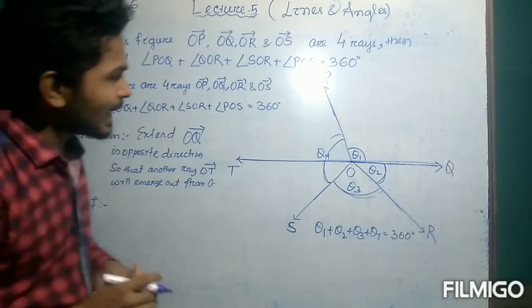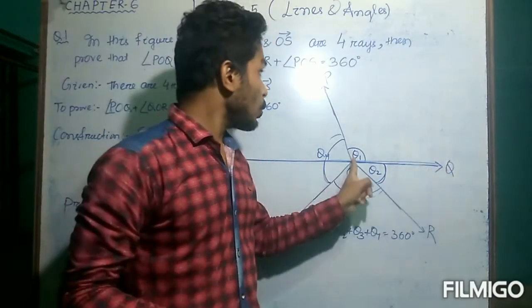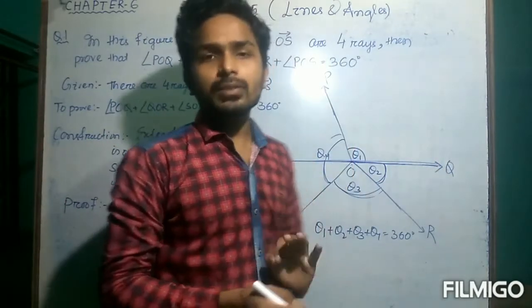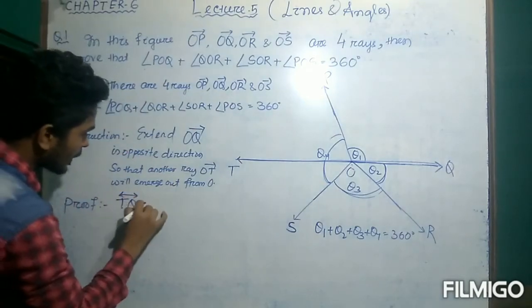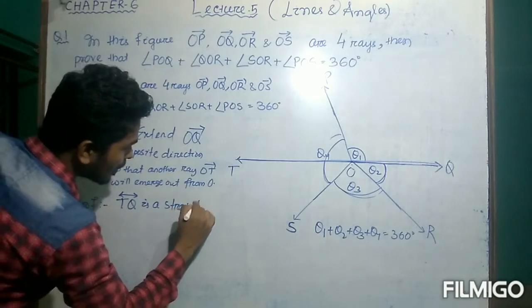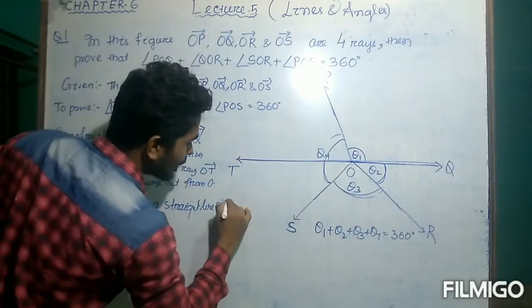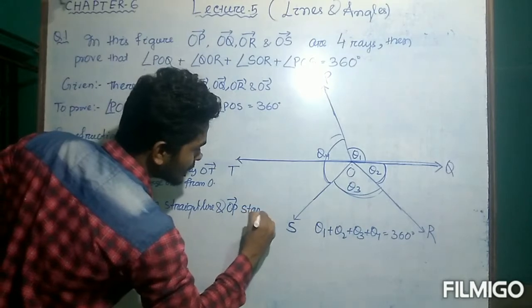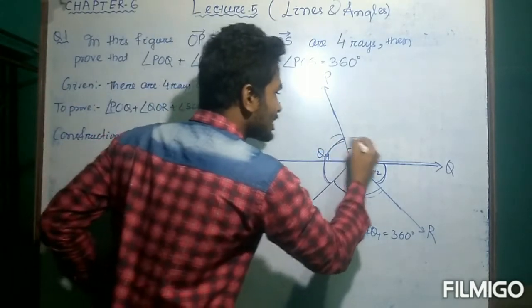How can we prove it? As I have told you, TQ is a straight line and OP is a ray which stands on it. So TQ is a straight line and OP stands on it, so how many angles are formed? Two angles are formed.